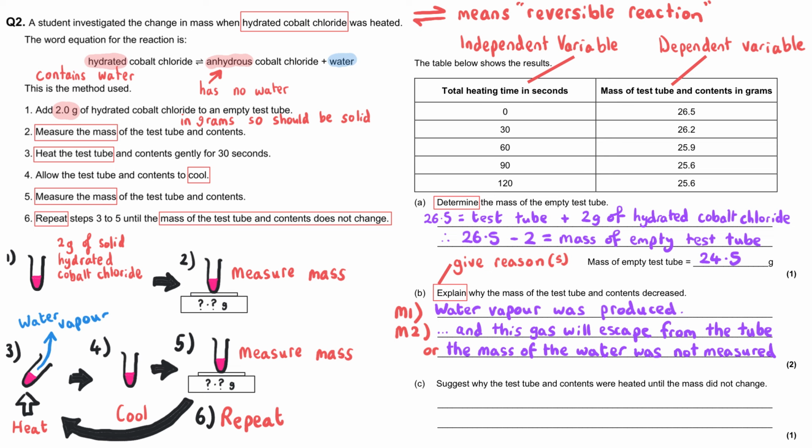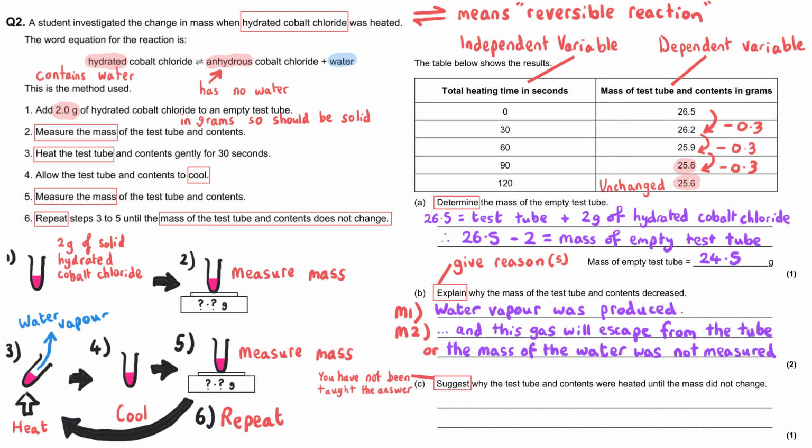And then the final question about this experiment says, suggest why the tube and the contents were heated until the mass does not change. You can see in the table that after 30 seconds, the mass had dropped by 0.3 grams, and then another 0.3 grams, and then another 0.3 grams every 30 seconds. But then between the 90th and the 120th second, that mass doesn't change.